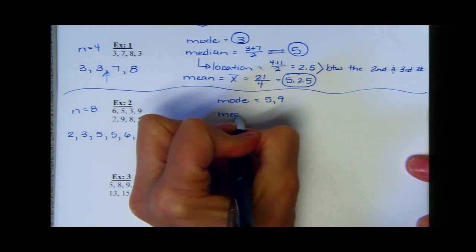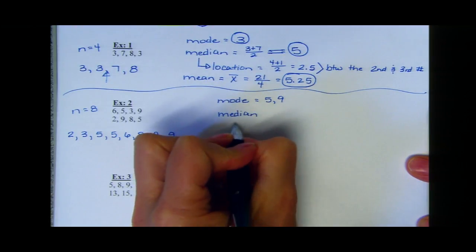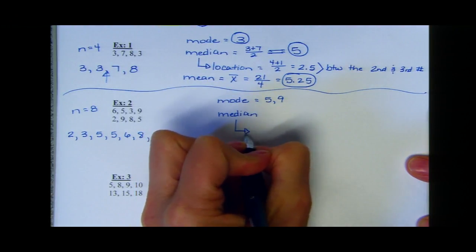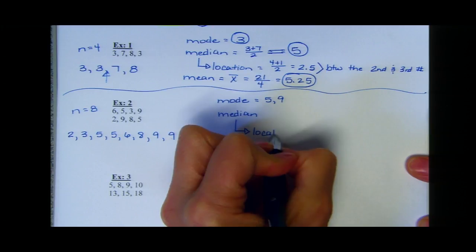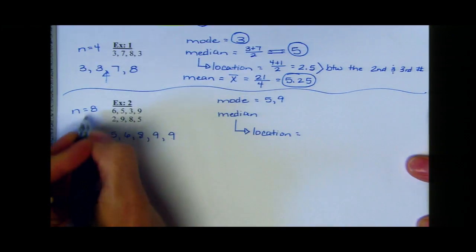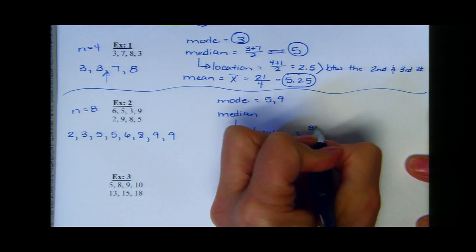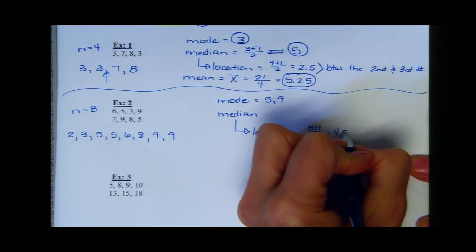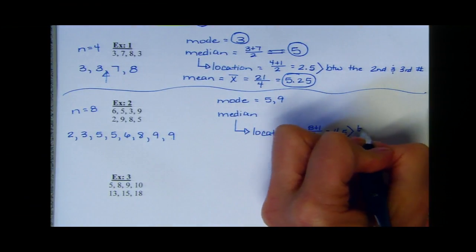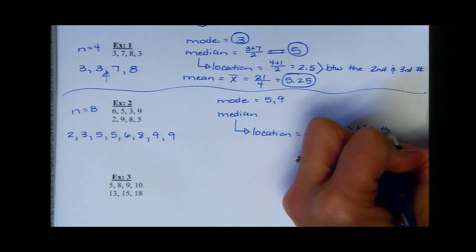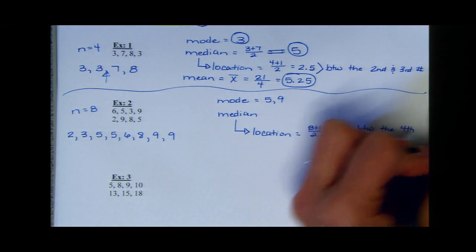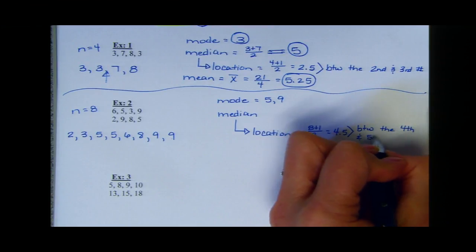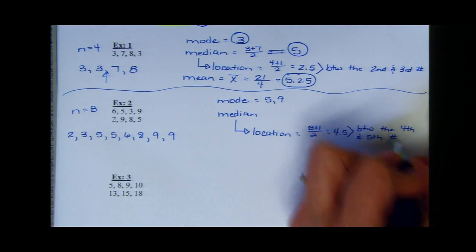Now we're going to calculate the median, but before I do, I want to find the median's location, which is (N plus 1) divided by 2. 8 plus 1 divided by 2 is 4.5, so it tells me that the median is between the 4th and 5th number.